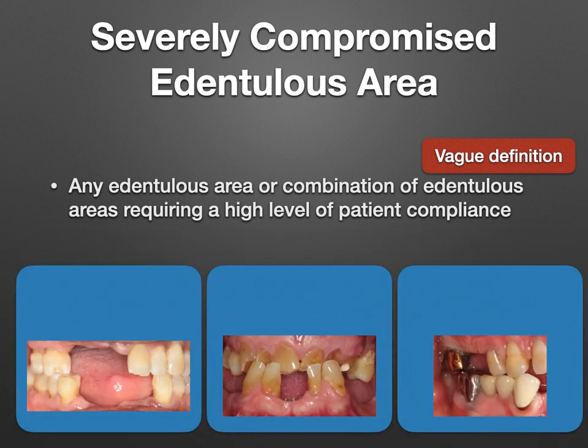Here I will show you 3 different cases. As you can see, first on the left-hand side, the patient may have lost a tooth, but it's not just about the missing tooth, it's about aesthetics. On the upper, the patient keeps the upper left teeth from number 9 to 11. However, the patient lost 6 to 8.